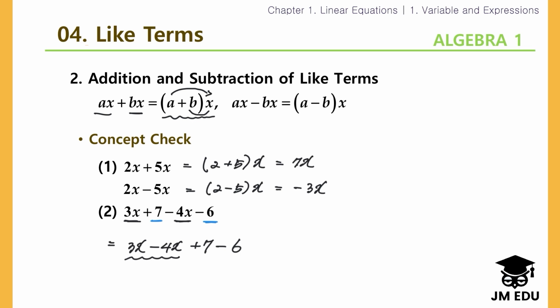Group like terms. So we have 3x minus 4x. That's going to be 3 minus 4, that's just negative 1, right? Or we could write 3 minus 4 times x. And 7 minus 6 is just plus 1, right? So 3 minus 4, that's negative 1, so negative x plus 1.